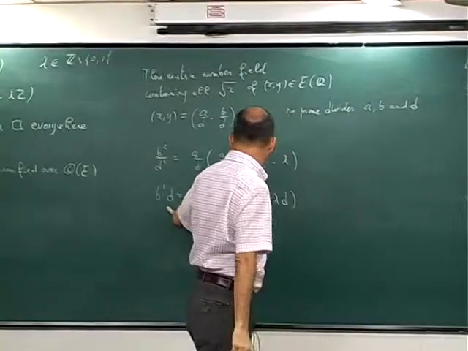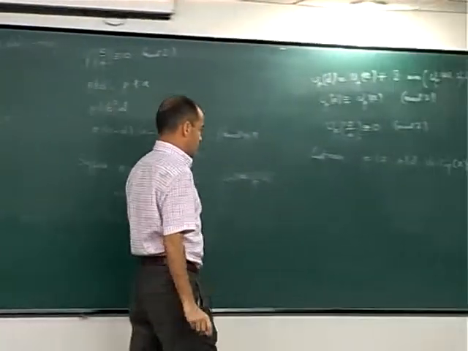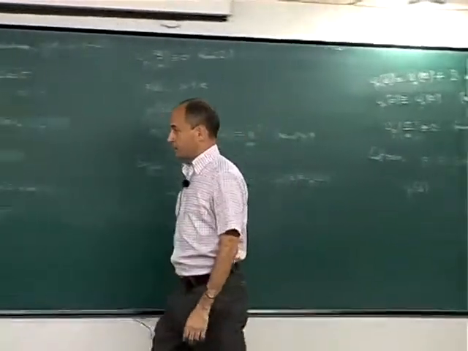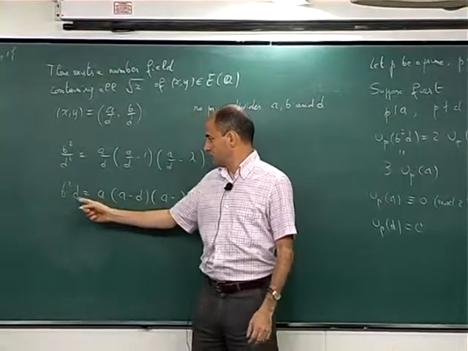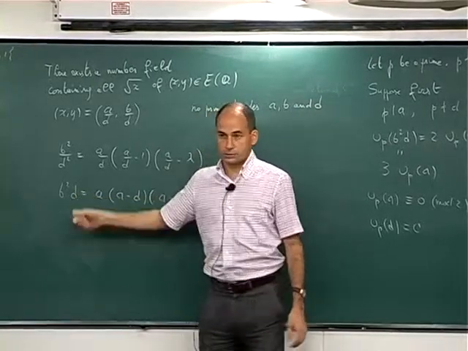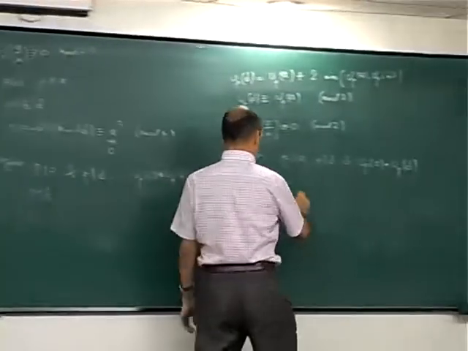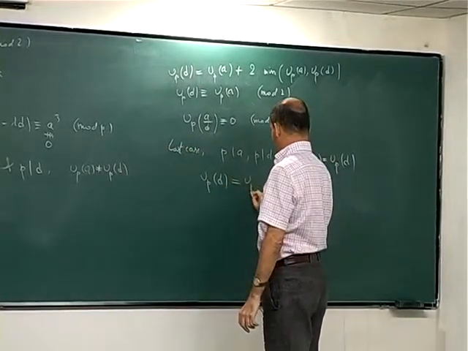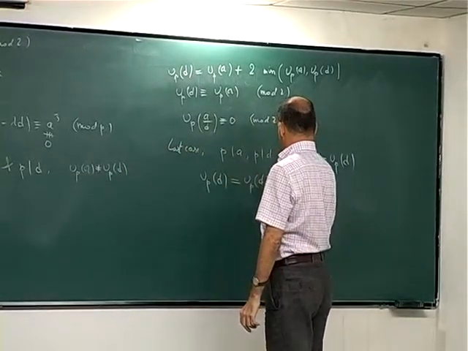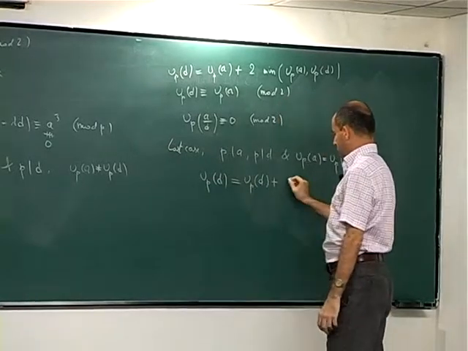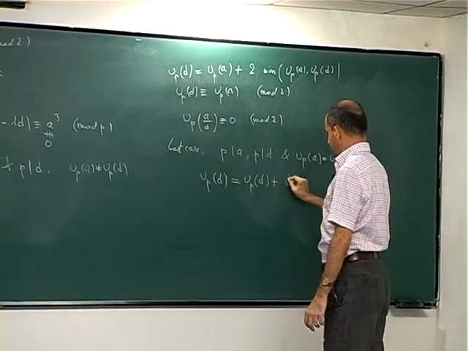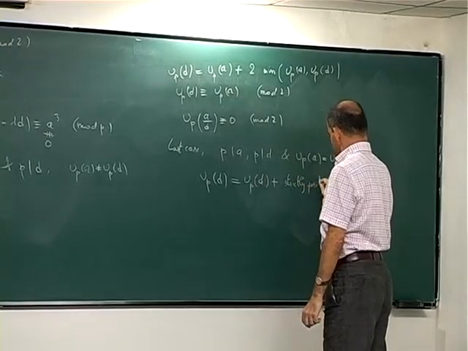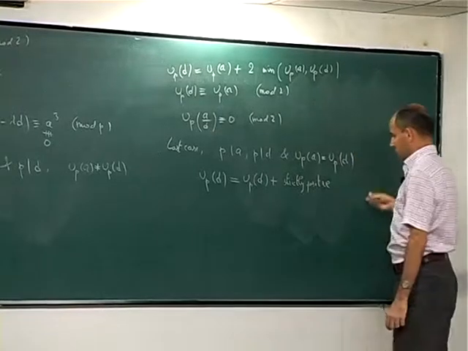This case is impossible because on the left side I have nu P of D. Again, P cannot divide B now, so here the multiplicity is this one, and this should be equal to nu P of A, which is the same as nu P of D, plus something which is strictly positive. So it is impossible.